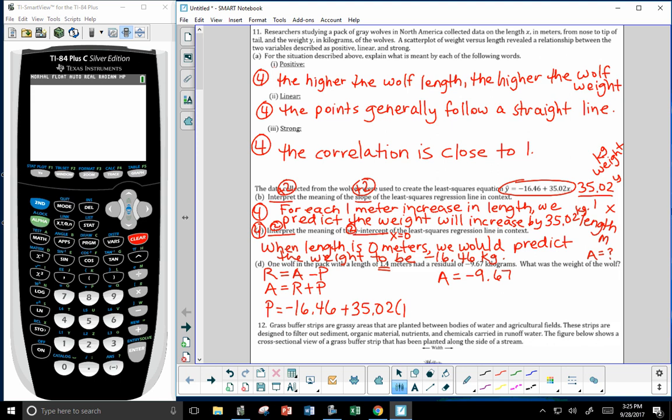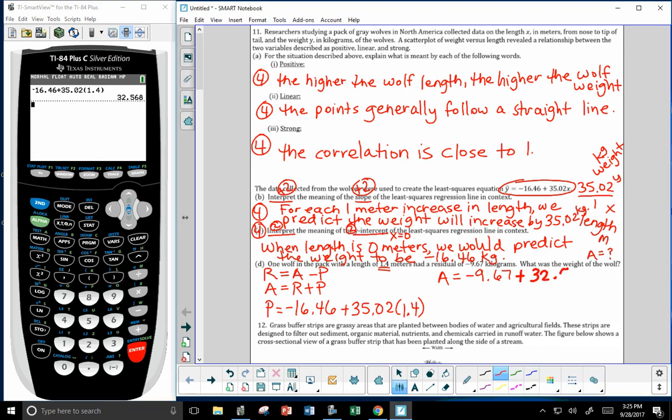And again, that came from this here. When we solved this equation, we got 32.568. A lot of people stopped right there, but you have to go ahead and add that with the residual. So we're going to take negative 9.67, add the predicted, the 32.568, and it gives the answer I was looking for, which was 22.898.